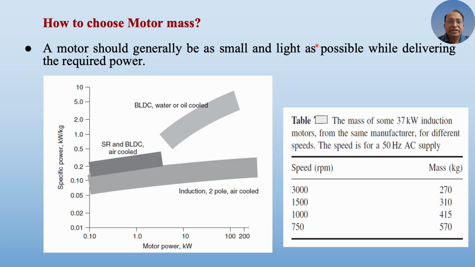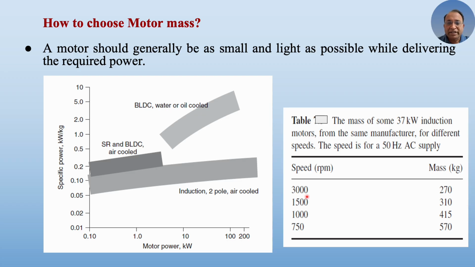Similarly, now on the right hand side you can see there is one table here. It represents the characteristics of a 37 kilowatt induction motor from the same manufacturer, but for different speeds and for 50 Hz AC supply. Observe that the table indicates the speed in one column from 3000 RPM all the way to 750 RPM, and the mass of the motor.